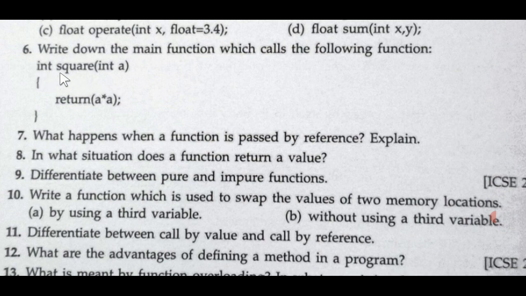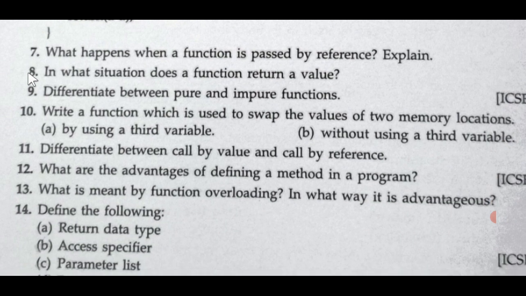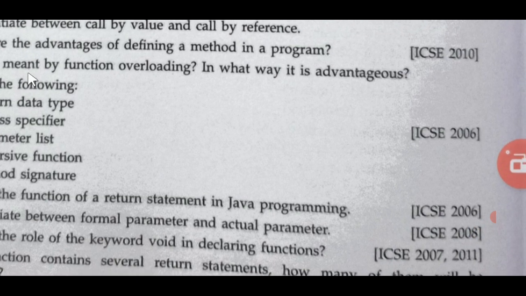So int x equal to ob dot square, then some integer value like 50, 60 you pass, or 5. So it will automatically return the square of the number passed. Suppose I pass 5, so it will give 25, and that will be stored in the x. So that way you can see all these questions very fast you can do, right.